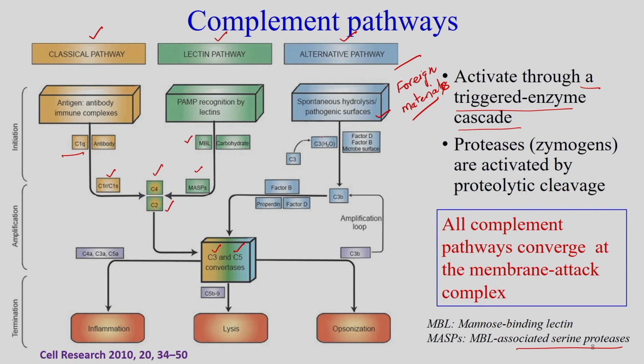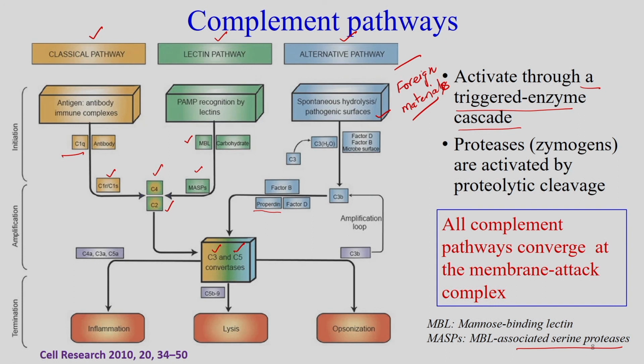Then it interacts with factor D, factor B or the microbe surface, and because of this interaction the hydrolyzed C3 is converted to C3b, and again in the presence of factors B or D, or also properdin, the C3b is converted to the C3 and C5 convertases.